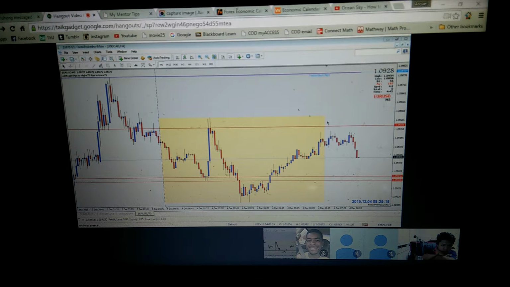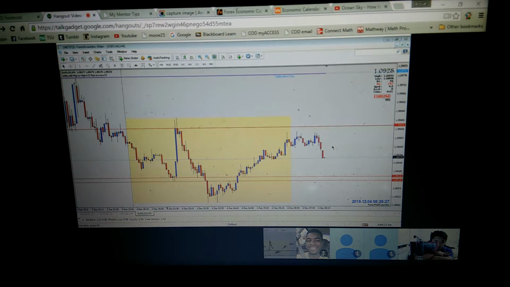If it went past, then we'd be looking for an uptrend. But it didn't break, so it's going down. Right. So yeah, as of right now, it looks like it's going down. Definitely.